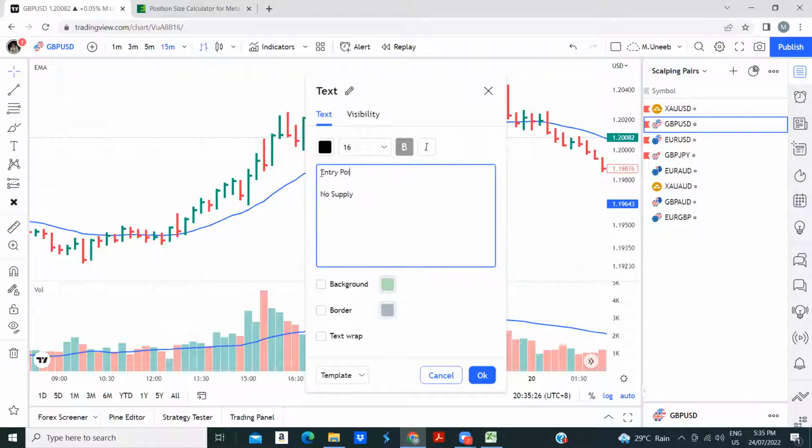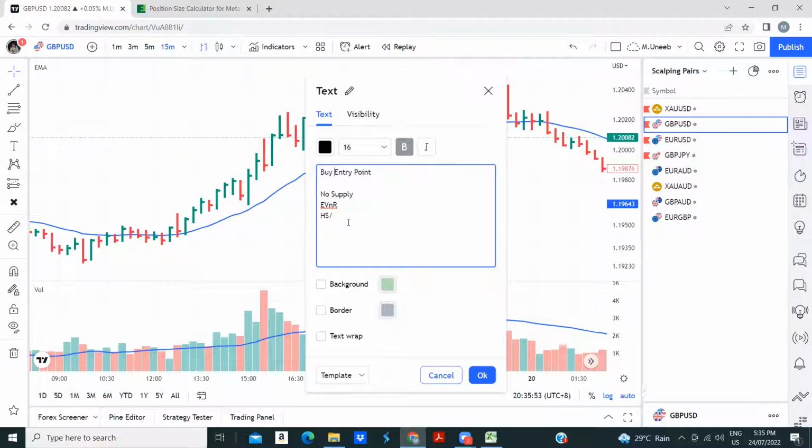How will you enter? No supply is the first entry point. After no supply, what do we have? Effort versus no result, EVNR, and then we have what? I'm just talking about buy entry points.